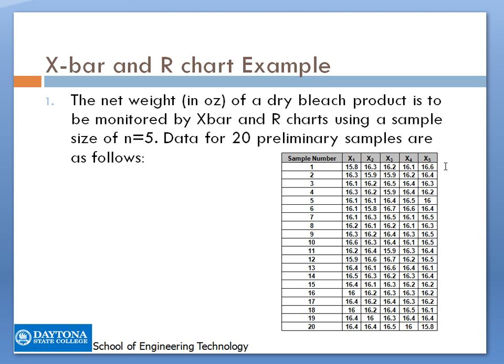And then we have to calculate the upper and lower control limits for both charts. We'll plot the data and see if the process is in control or out of control. Then we take corrective action if it's out of control. Theoretically, we're going to remove those points and calculate the values again and plot the data again. You can use Excel, you can use Minitab, or you can do it by hand.